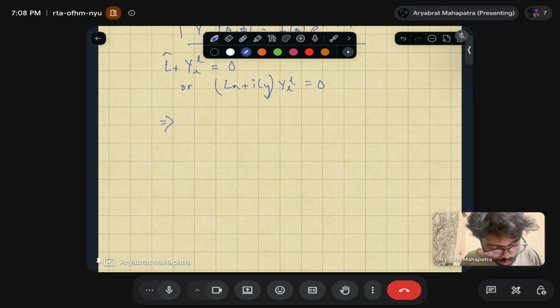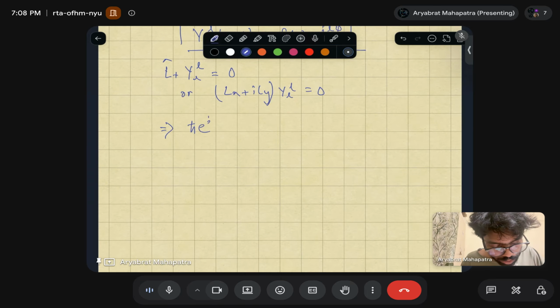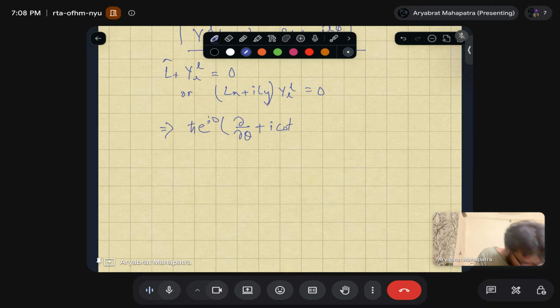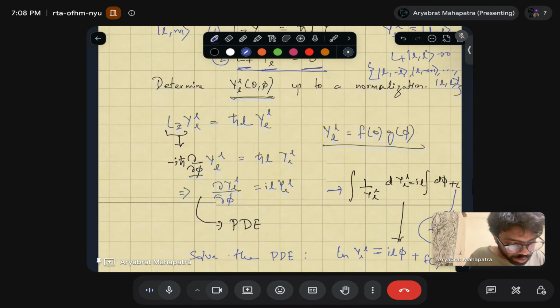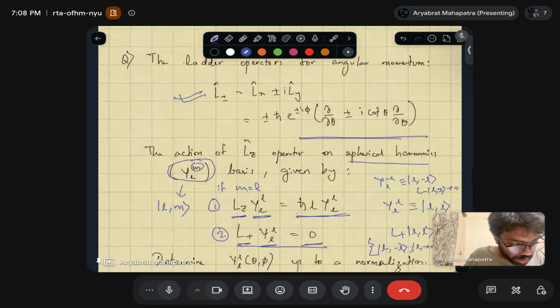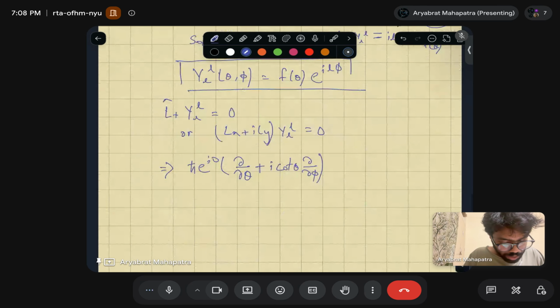So using the form of the L plus operator given in the question, it is given in this way: del over del theta plus I cot theta. This is what is given in the expression for the L plus operator, and I have written it in that exact way.